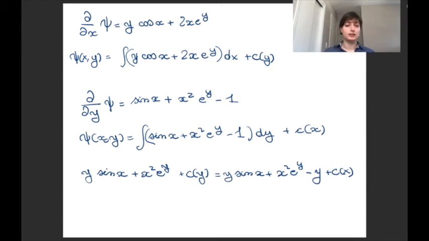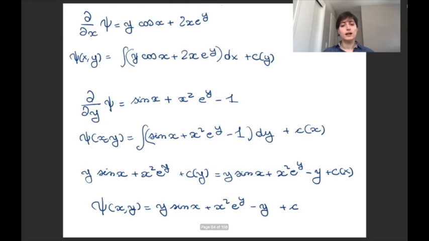So we check both sides, we pick everything, and we have psi equals y sin x plus x squared exponential of y minus y plus c, where c is any constant, because we only know psi through derivatives, so we know it up to a constant.